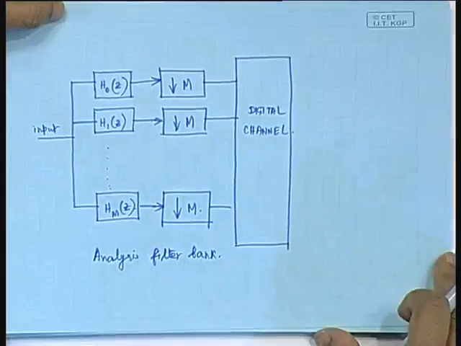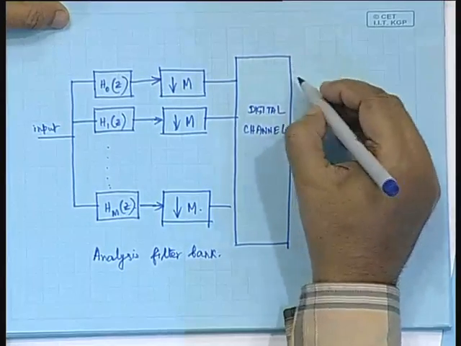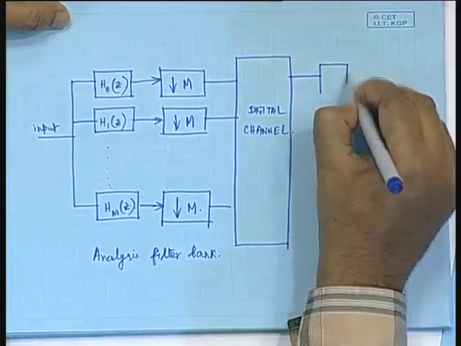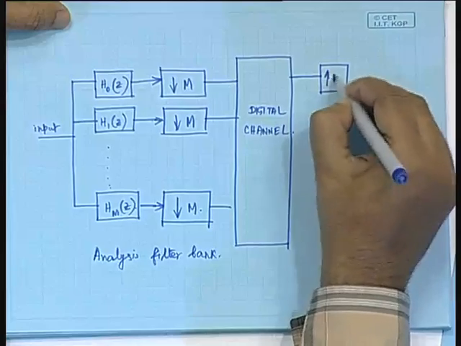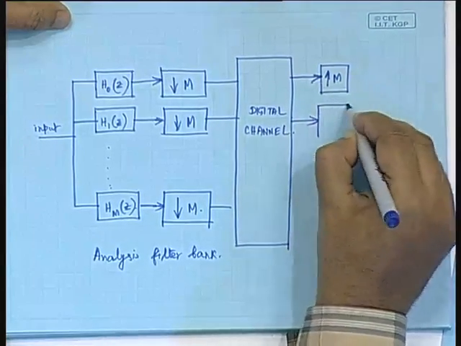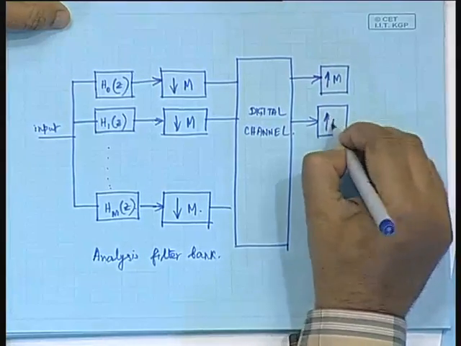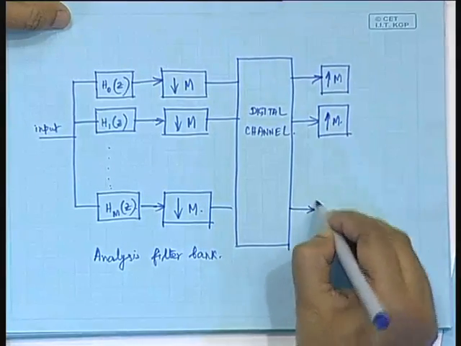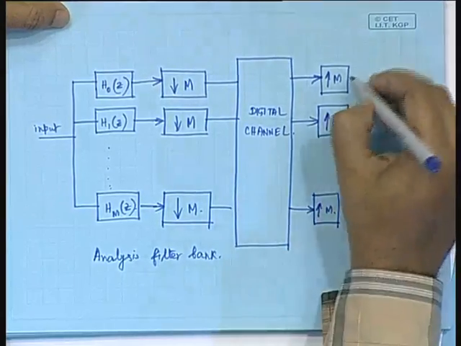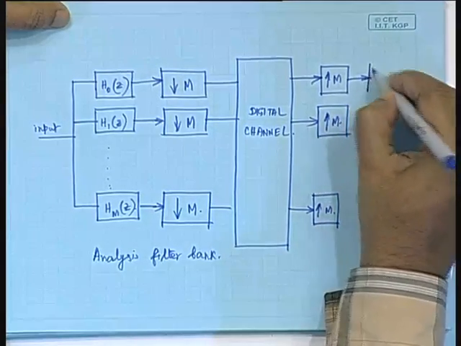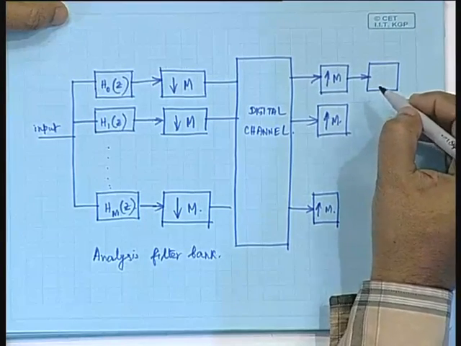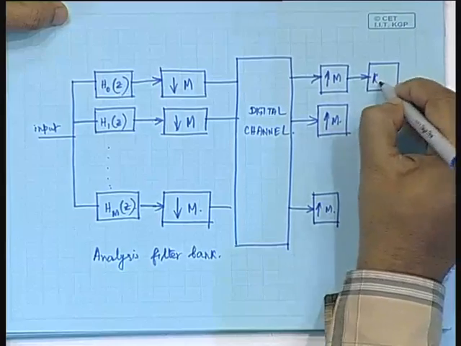And correspondingly in the synthesis filter bank, or the synthesis realization, what we have to do is just the reversal. So, we have upsampling by m. That we have to do for all these filter banks: there should be an upsampler by a factor of m, followed by the corresponding synthesis filter.